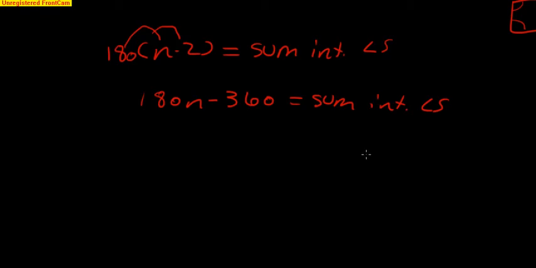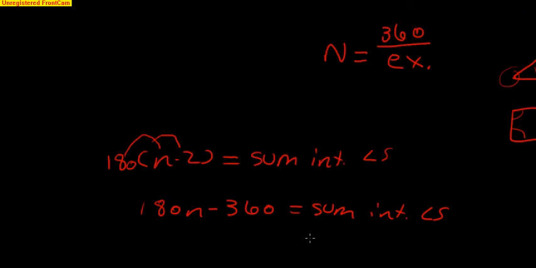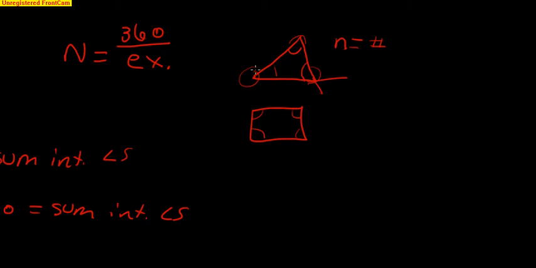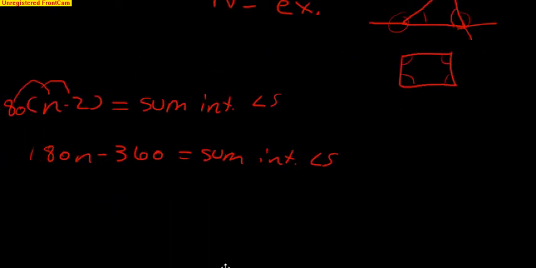Well, the measure of each interior angle is 180 minus the exterior angle. Why is that? Well, if you come up here, let's say we have this interior angle, it's 180 because of the line, but it's subtracted by the measure of this exterior angle, and that's going to give you the measure of the interior angle, right?